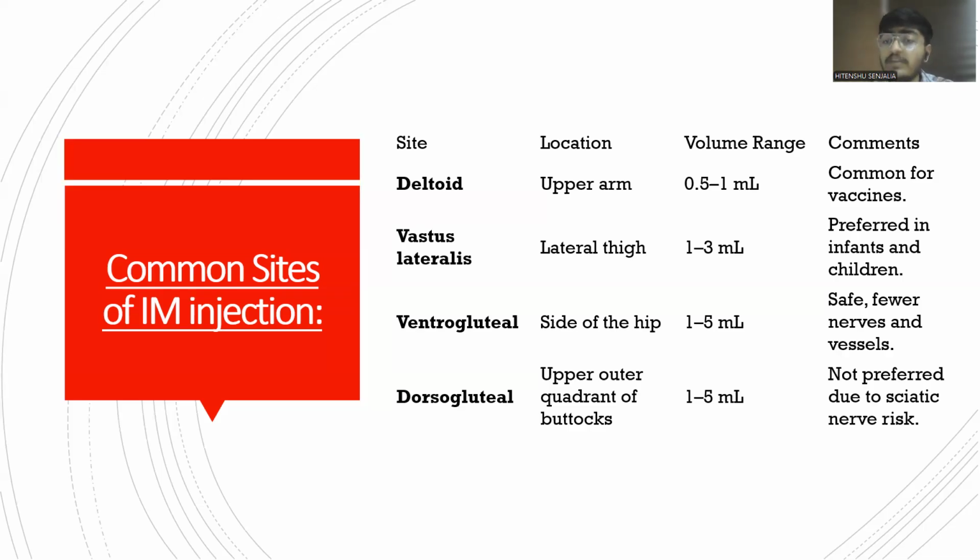The volume range is 1 to 5 ml, and it is not preferable due to the sciatic nerve risk. If it is not given properly at the dorsogluteal, the chances of sciatica will occur, and many other complications will occur in the patient.